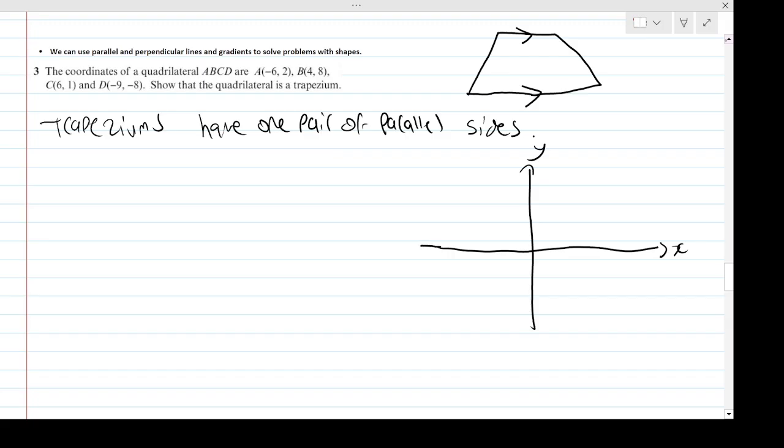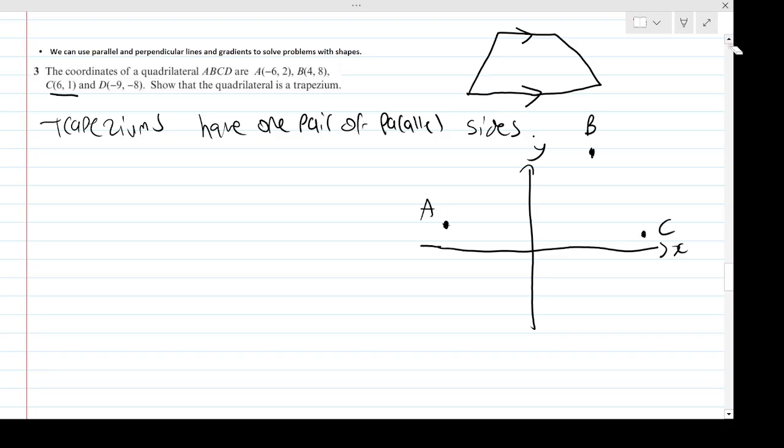First of all, the point A is minus 6, 2. So on negative x, and then 2 up, so it's going to be up there, and that'd be A. Then B is 4, 8, so it's going to go up here somewhere. So 4, 8, that's point B. Point C would be 6, 1, so that would be down there somewhere.